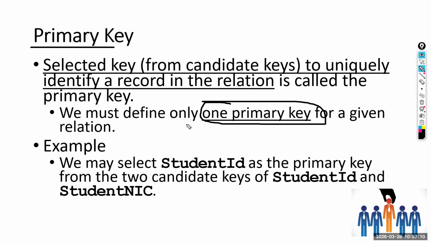For example, out of student ID and student NIC, maybe you can decide student ID is better. But someone can argue that maybe they will use student NIC as a primary key. Can someone tell me why student ID is better than student NIC as a primary key? Use common sense.